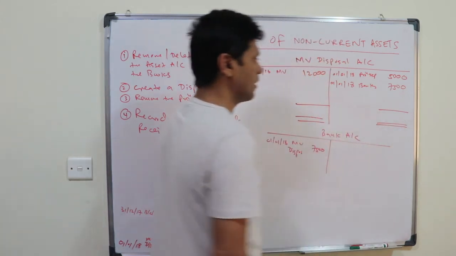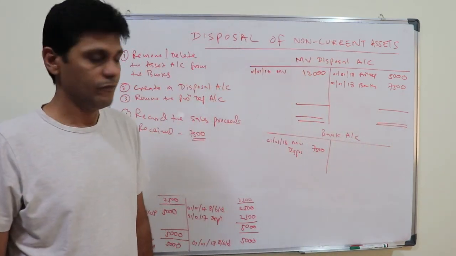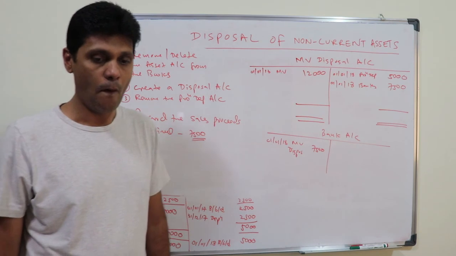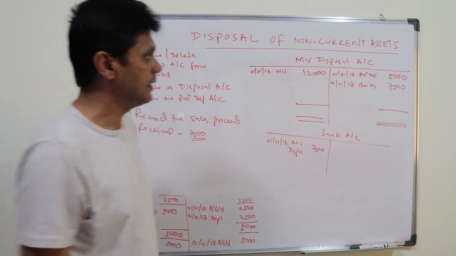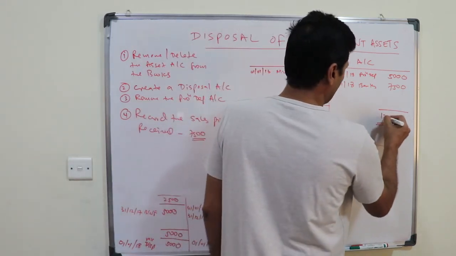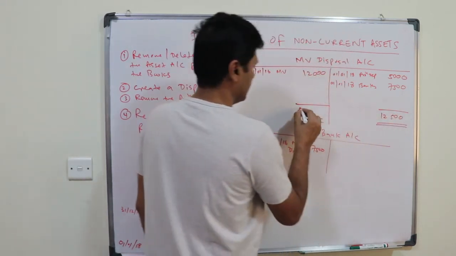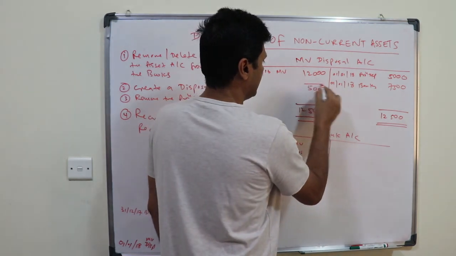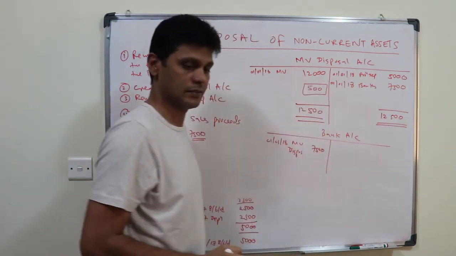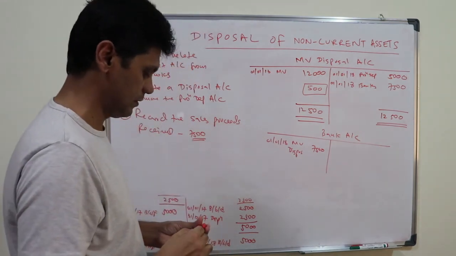Now, how do you balance this account? Which side is more? Credit side. So the credit side is 12,500. So you take the total and 500 is the difference. What is this difference?